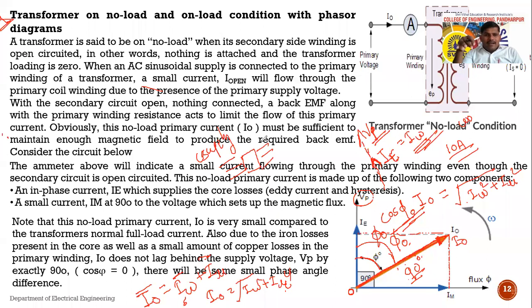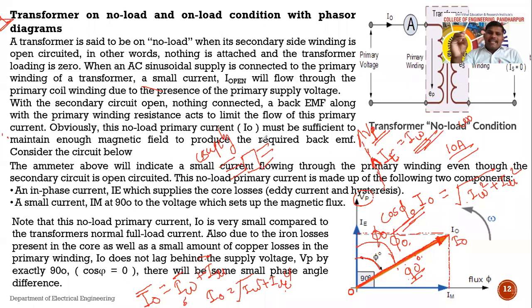Or consider a transformer in our village or an agriculture field. If we are considering that transformer, whether the load is present or not, the primary of the transformer is always connected to the supply.